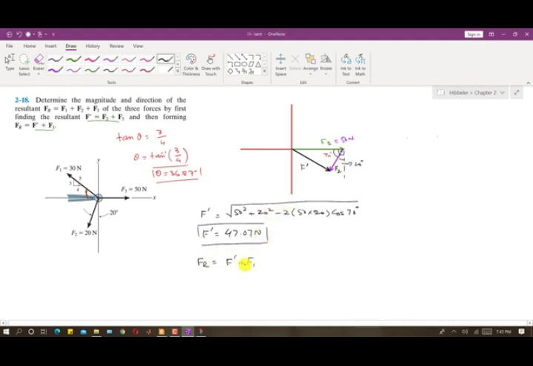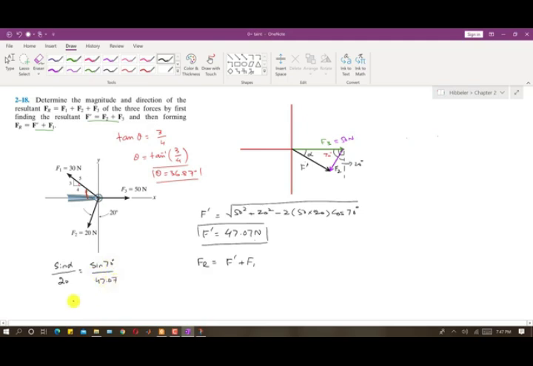Before finding the Fr resultant, first we have to find this angle. Let's say that this angle is alpha. So we can find this alpha by using sine law, right? So if I use sine law, then sine of alpha divided by the magnitude of the opposite side, which is F2. So F2 is 20, and then sine of 70 degrees over the magnitude of F dash, which is 47.07.